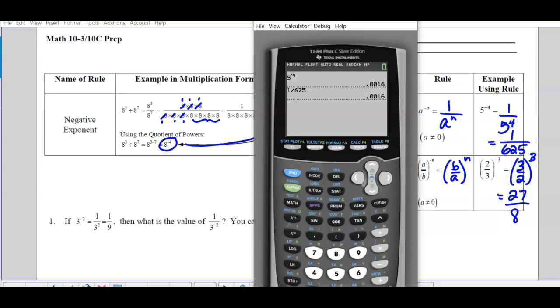If you did something like this, you would have to be very careful to have brackets around the whole thing. So bracket, 2 divide 3, close the bracket to the exponent negative 3. And again, you get a decimal. If you have a newer version of a calculator, you could go bracket and do the fraction form, alpha y equals the first fraction, and then put 2 over 3.